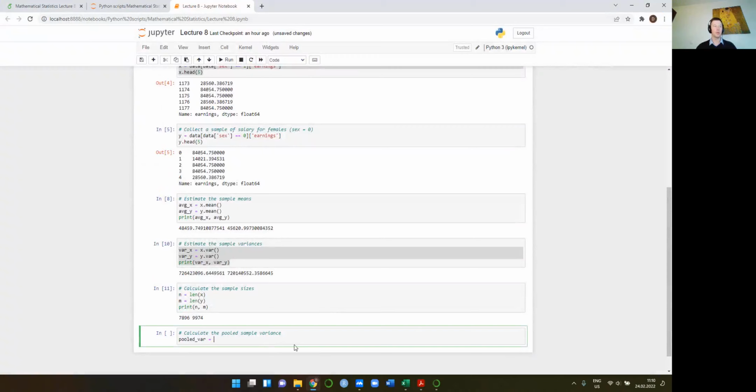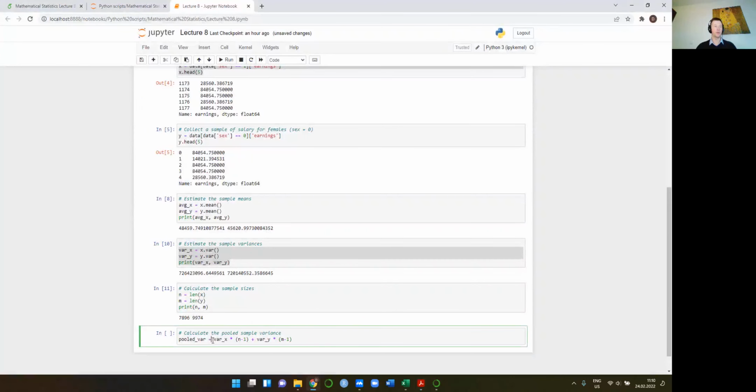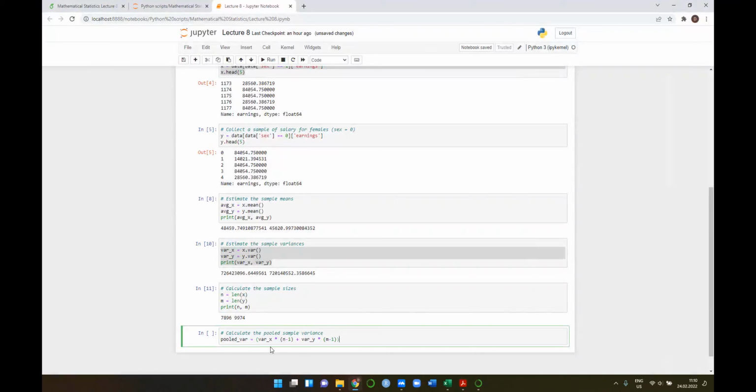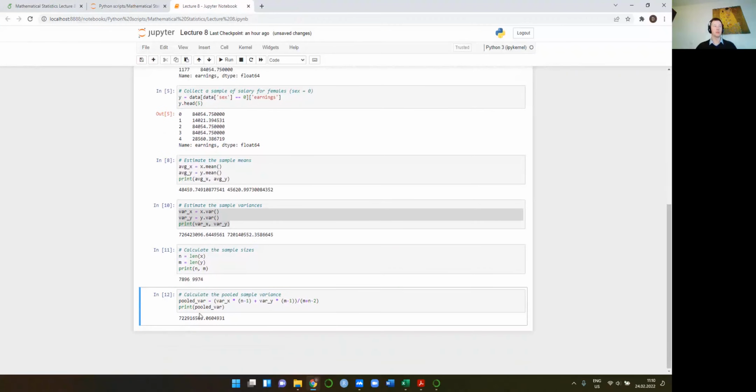We have variance x multiplied by n minus 1 plus variance of y multiplied by m minus 1. That's our numerator here. And then we divide this by n plus m minus 2. So let's print pooled variance. So here we are. So this is the pooled variance. Nice.